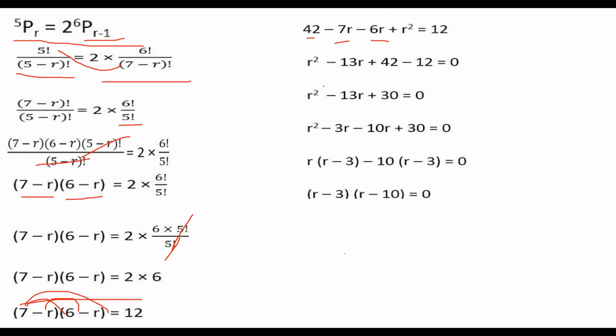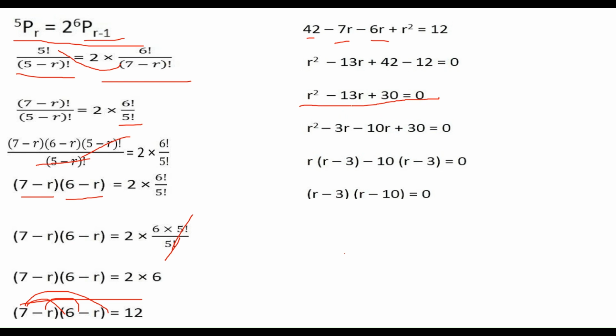So r square minus 7r minus 6r, add and put the same sign: minus 13r plus 42. This 12 we will take inside and subtract, that is equal to 0. So r square minus 13r plus 42 minus 12 is 30, and that is equal to 0.